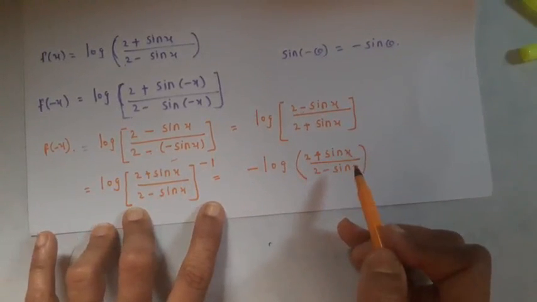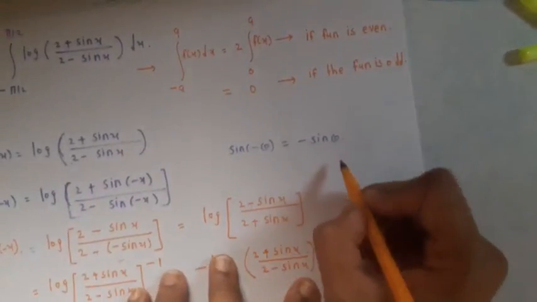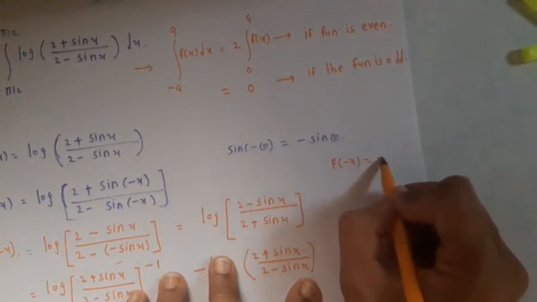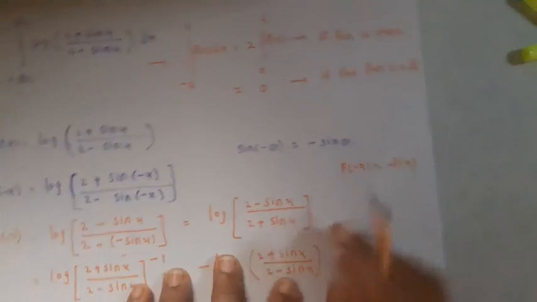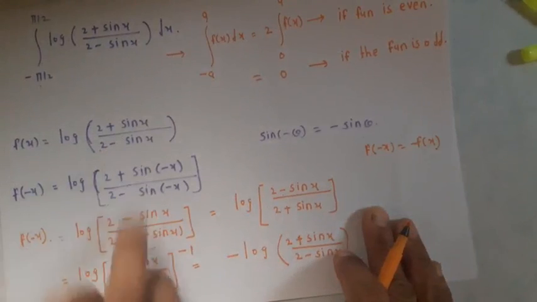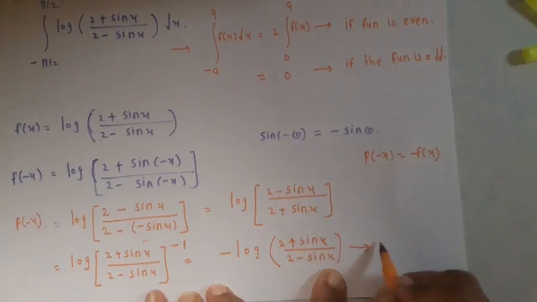According to our function, f of minus x equals minus f of x, because log of 2 plus sin x upon 2 minus sin x equals minus log of 2 plus sin x upon 2 minus sin x. Hence the function is odd.